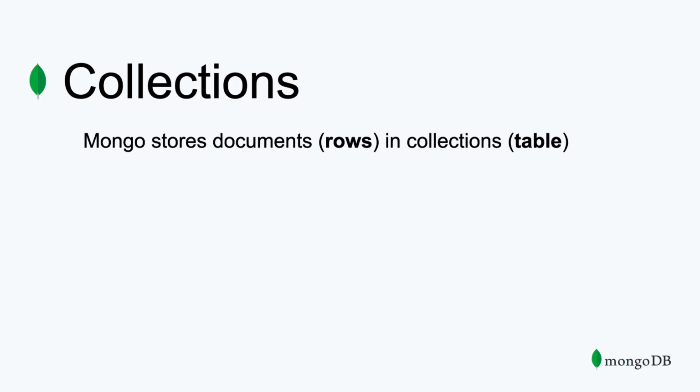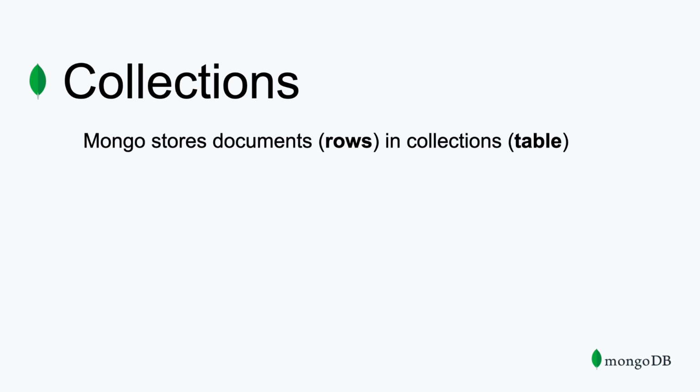Right, so we know how to create databases. Now let's learn about collections and documents. Mongo stores documents, i.e. rows, in collections. If you've done any relational database, then this should be familiar.